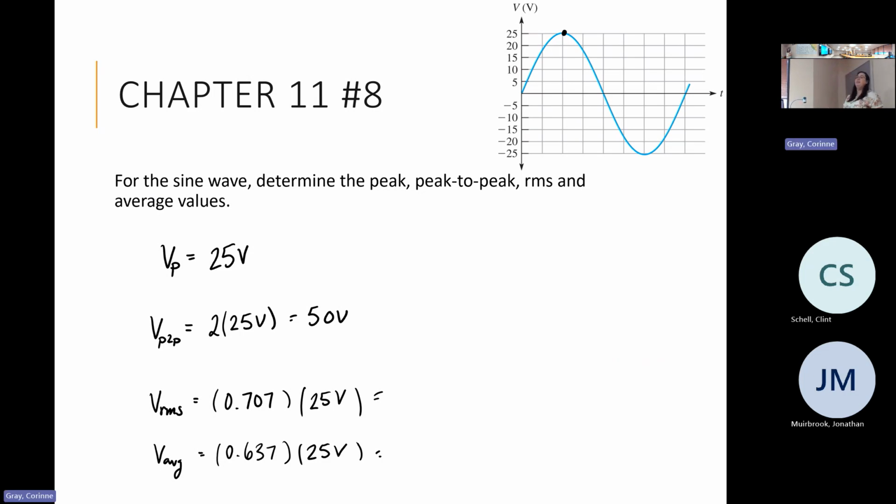I'm not going to stop you if you want to use the actual values. If you want to use 2 divided by pi, by all means go through and use 2 divided by pi. That's fine with me. Or you can use the rounded values, that's okay. So taking those and plugging them in, rounding, we should get 18 volts and 16 volts. Any questions about 8?